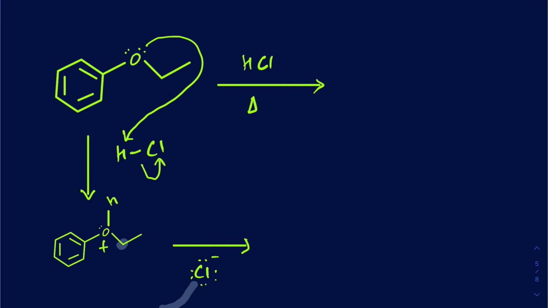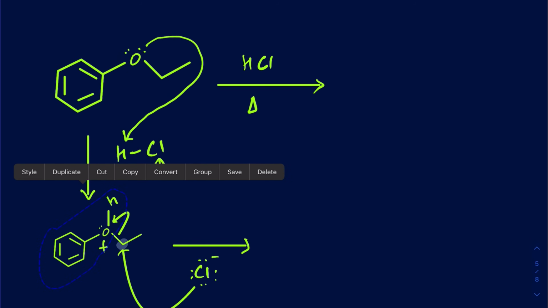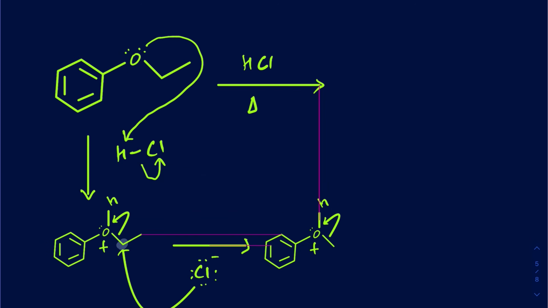So this chloride attacks at this particular position, and then you complete the electron density on that oxygen, making an aromatic compound here, which is technically going to be the phenol. Let me just take that out.